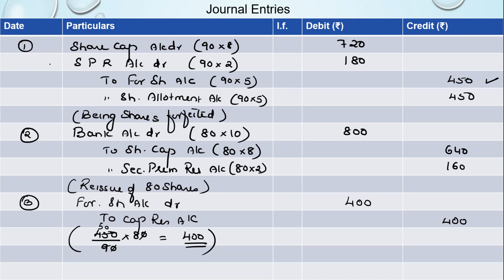And third thing was the use of the formula. Have that formula and apply it systematically. You will be able to find out the proportionate amount. Don't transfer the entire amount because there are still unissued forfeited shares of 10 which are still with the company. So the forfeited share account will have a balance equivalent to those 10 shares.